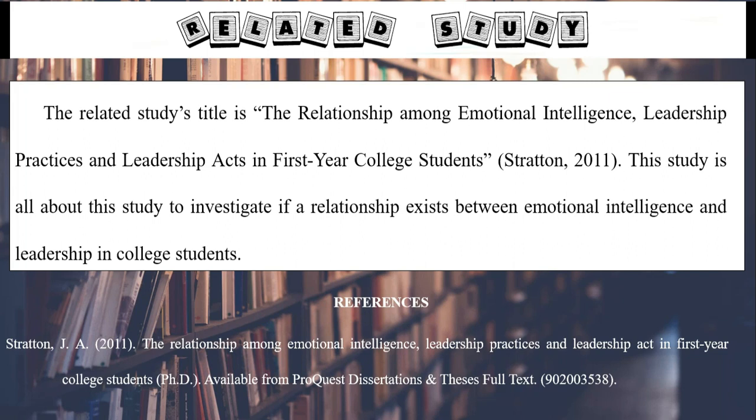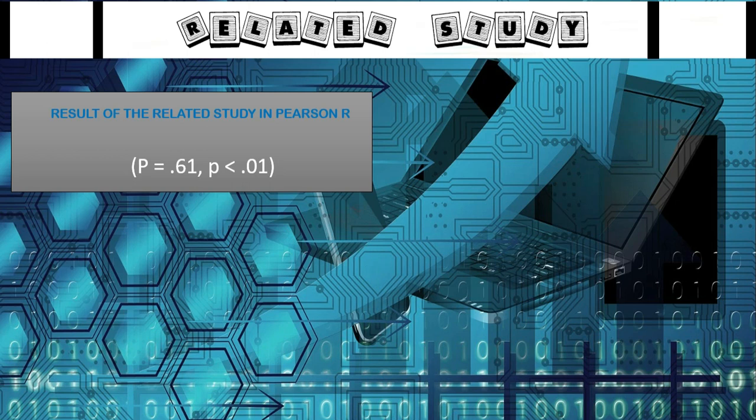Thank you, Mr. Torres. To further discuss, their study shows that emotional intelligence was related to leadership practices, r equals 0.61, p less than 0.01. The multiple regression analysis and the correlation matrix indicated a relationship between emotional intelligence and leadership practices. Furthermore, they hypothesized that each leadership practice subskill would correlate positively with emotional intelligence, so they analyzed the subskills to see if there was a relationship.